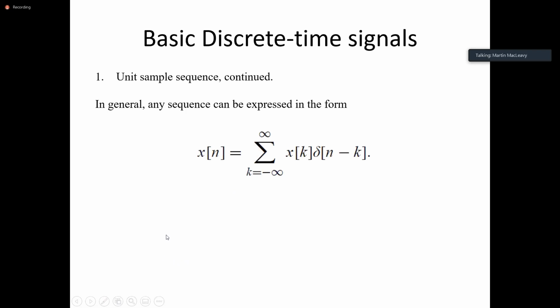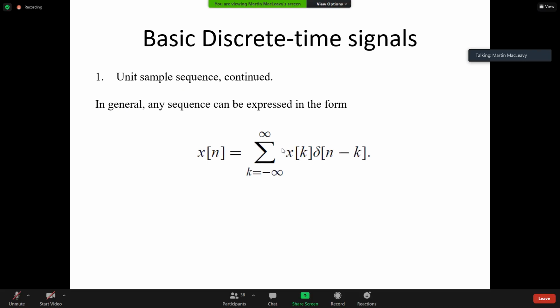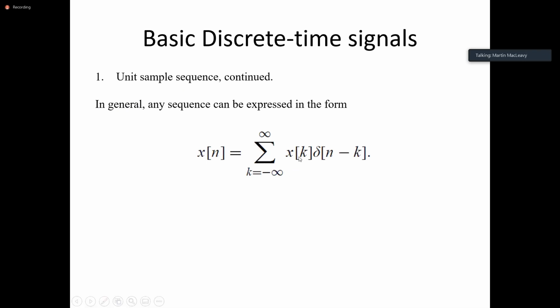Right, now, so in general then, any sequence can be written as the sum of these terms, and our delta function here.